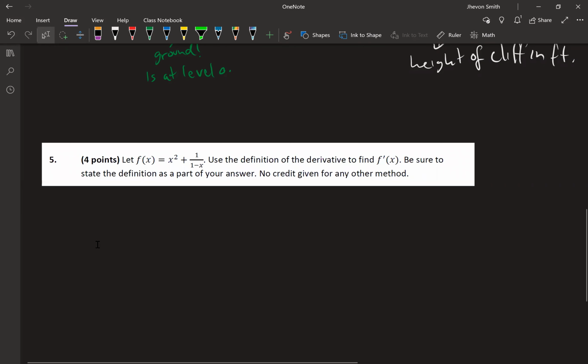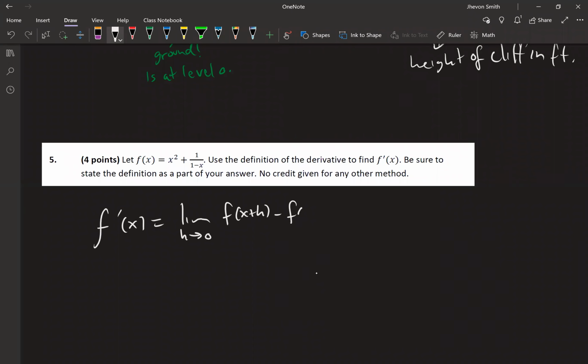So f of x is this. Use the definition of the derivative to state that. So when it says definition of derivative, that's the limit definition. So you're going to do f prime of x equals the limit as h approaches 0 of f of x plus h minus f of x over h. So that's the definition it's talking about.